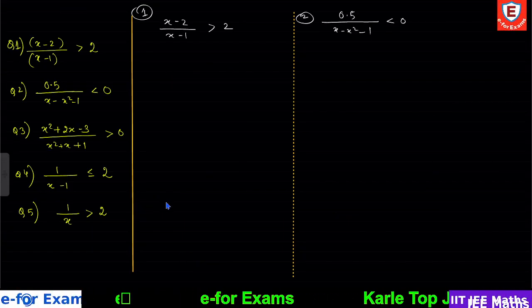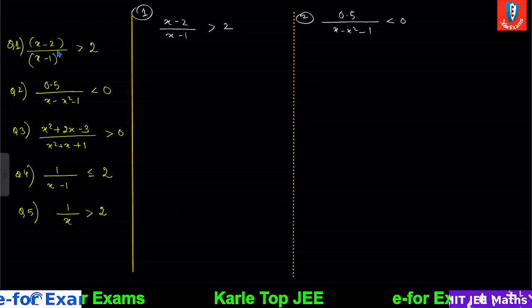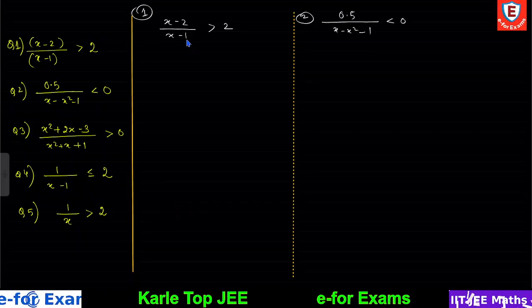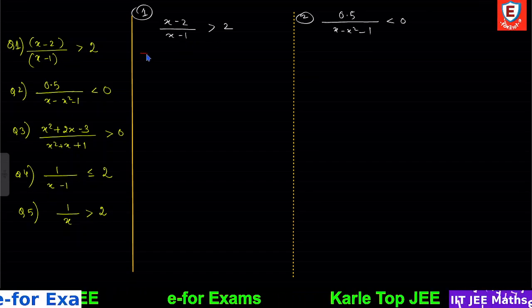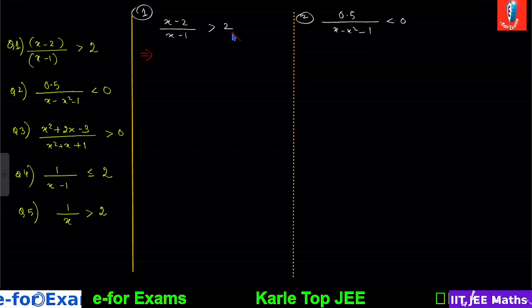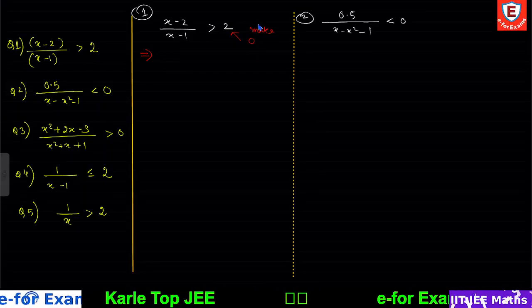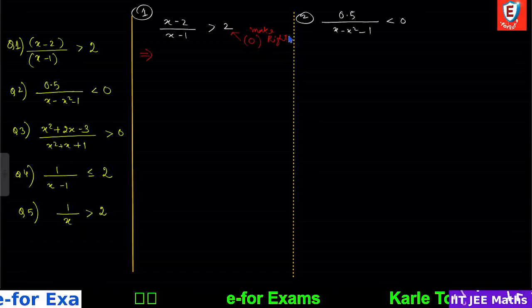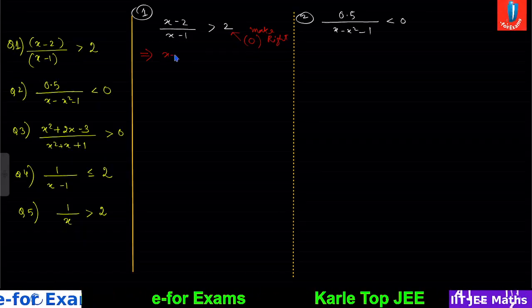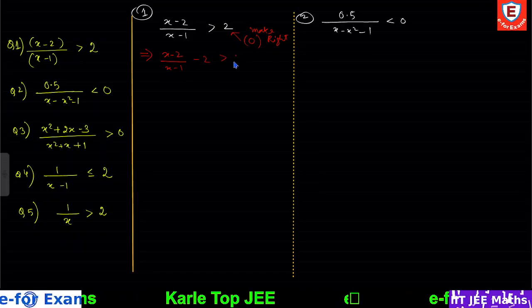Okay, these are easy questions. Let's complete them first. Number 1: x minus 2 by x minus 1 greater than 2. We have to make the right side equal to 0. So x minus 2 by x minus 1 minus 2 greater than 0.